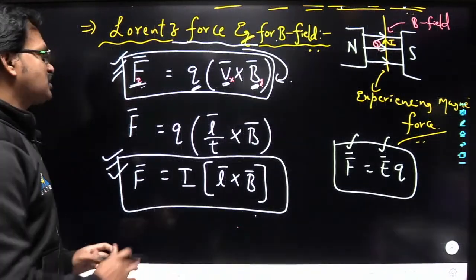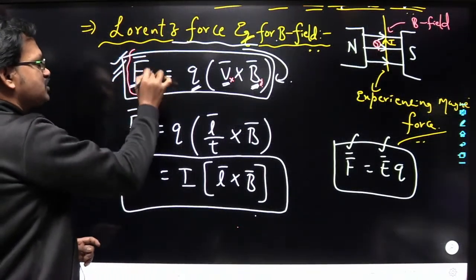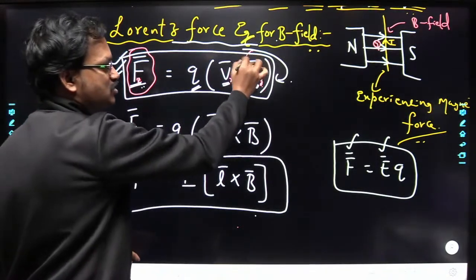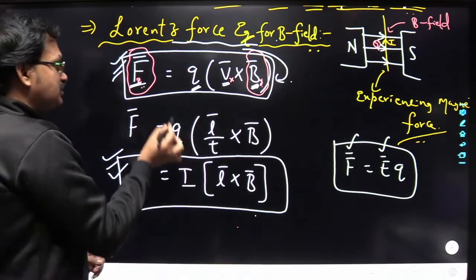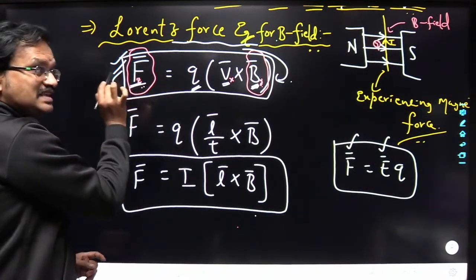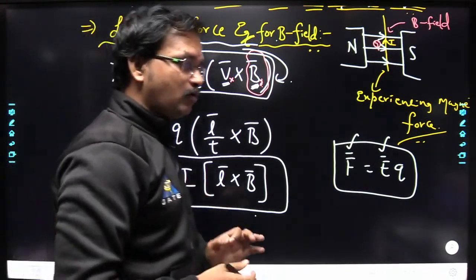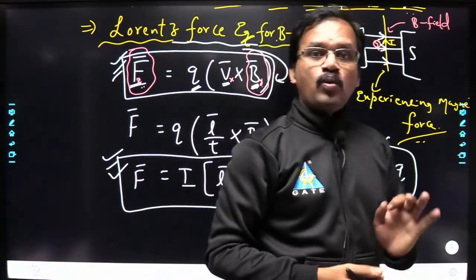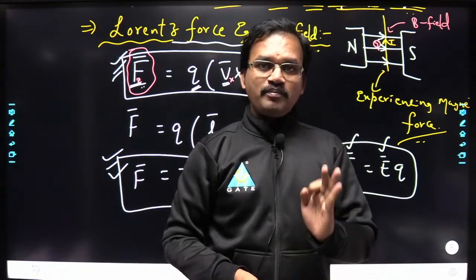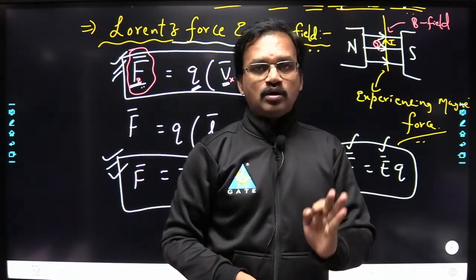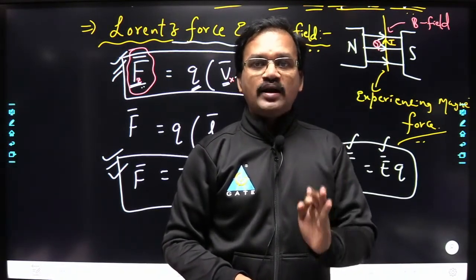So the direction of the magnetic field is in the y direction here, and the direction of the magnetic force is in the z direction. That means both are perpendicular to one another.